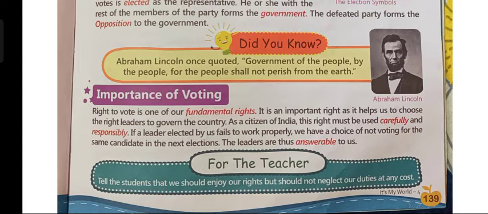If suppose a leader fails to work properly, then we have a choice to not vote for him in the next election. And thus, the leaders are answerable to us. Answerable to us means that whatever action the leaders take, they have to give reason for their actions because we have voted for them, we have elected them. So they are answerable to us.